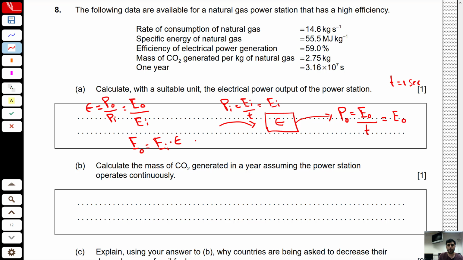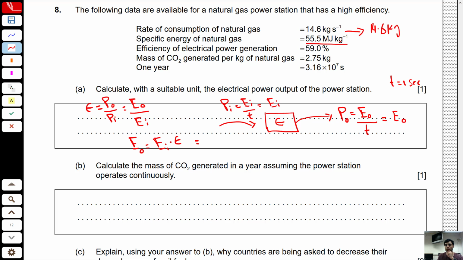Okay. Now, how do you find the input energy supplied to the generator in 1 second? Well, it's very easy. From here you can see in 1 second you burn 14.6 kg of natural gas. If you burn 14.6 kg of natural gas, how much energy will be released?